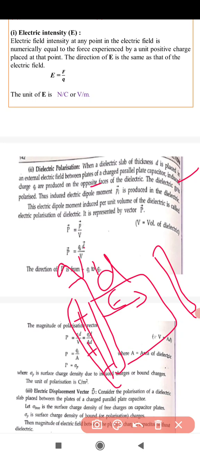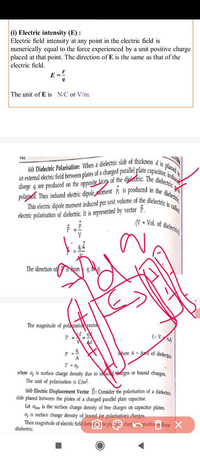The positive plate will induce minus Qi, and on the negative capacitor plate side, plus Qi will be formed. Induced dipole charges will be formed on the opposite faces of the dielectric. The dielectric gets polarized.